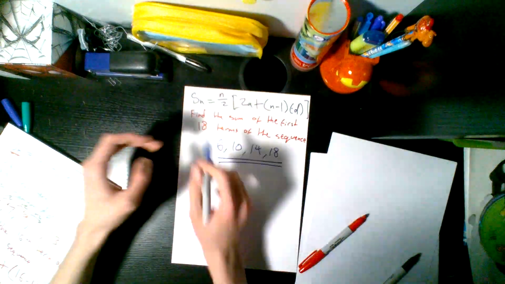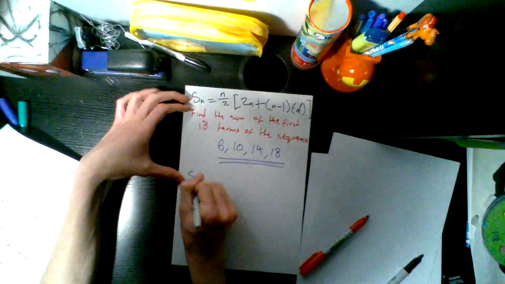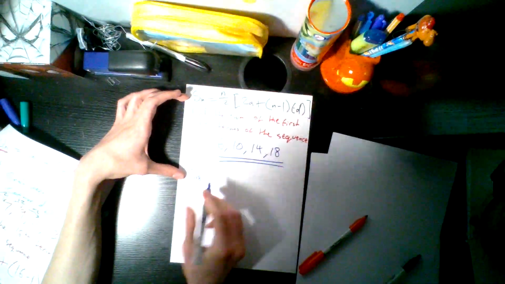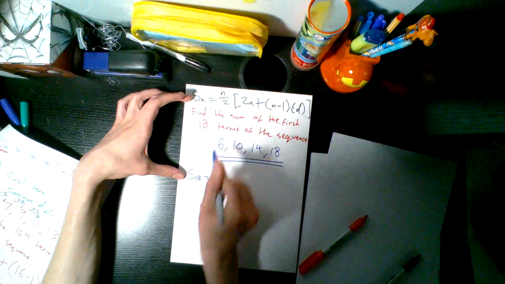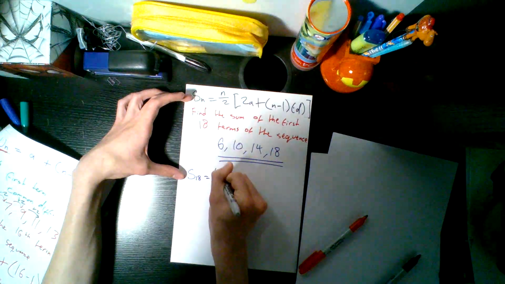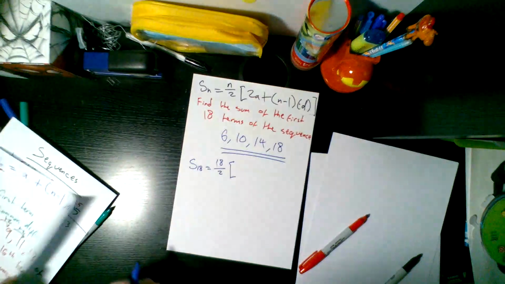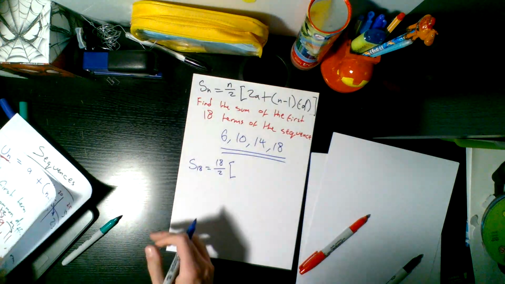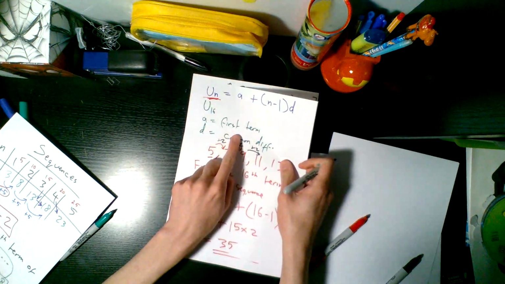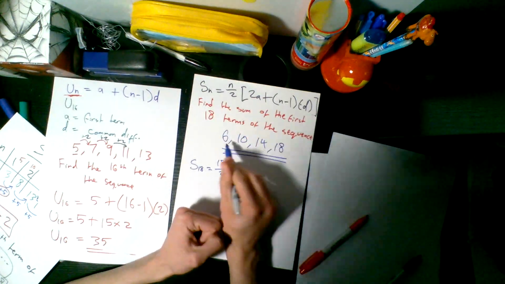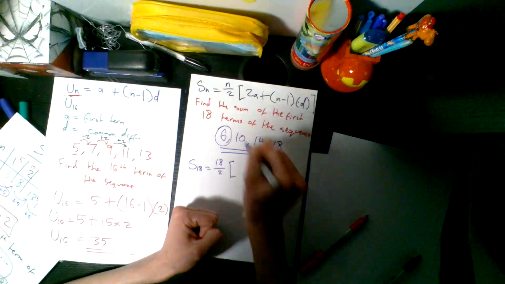So Sn, let's write it. Sn is always the number you need to find. So the sum of 18 equals n, which is 18, over 2, times 2a. As we previously said, a means the first term of the sequence, so always remember this. The first term of the sequence here is 6.